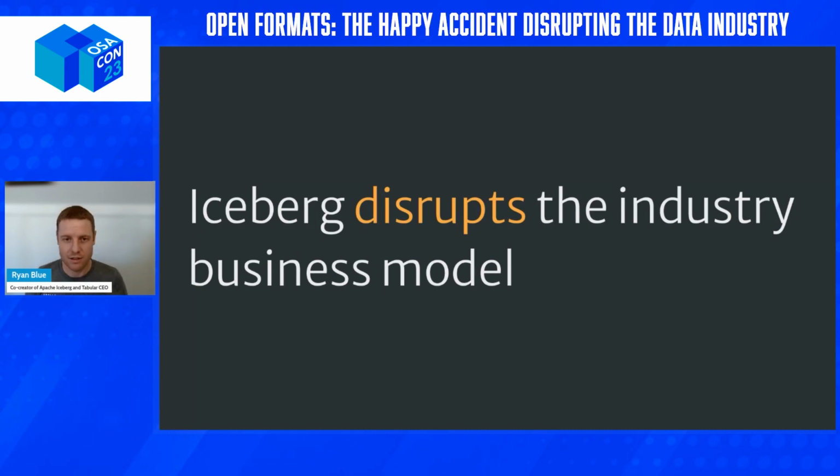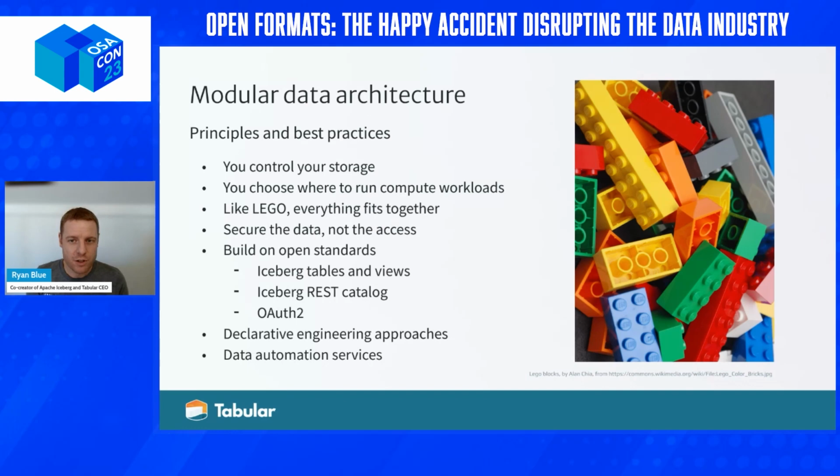So first of all, I think that this means that data architecture is just becoming more modular. It's going to be the norm, as it was in the data lake space, to be able to use any number of engines, right? You're going to choose where your compute workloads run, and that's not going to be dictated by where the storage resides or where the data is.